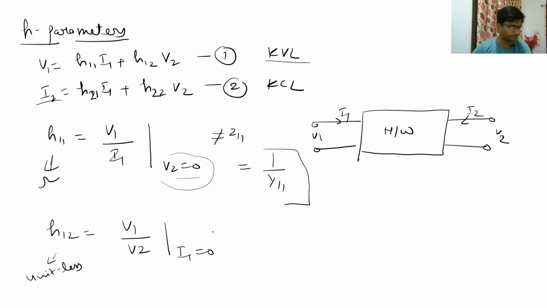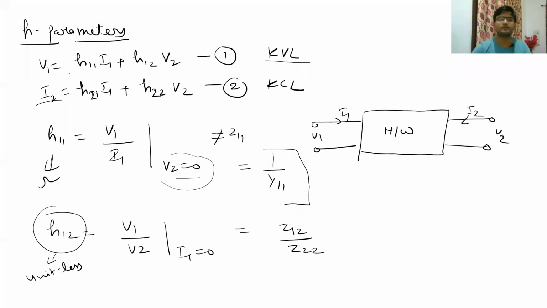Now, H12 can also be represented as Z12 divided by Z22. You can go and see the definitions of Z12 and Z22, and when you find the ratio of these when I1 is equal to 0, you will get H12.